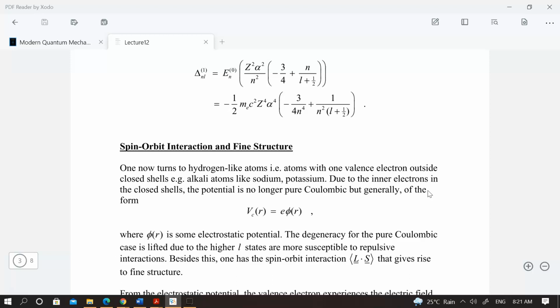This applies particularly to the case of an atom with one valence electron at the outer shell, for example, the alkali atoms.